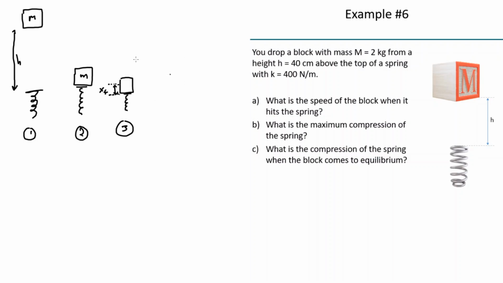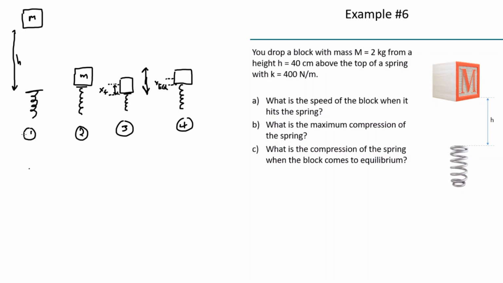And then eventually the block comes to equilibrium. It's going to bounce up and down around that position for a while until it comes to some equilibrium position here, where the spring is compressed by some equilibrium amount. Position 4. We'll call this x equilibrium.